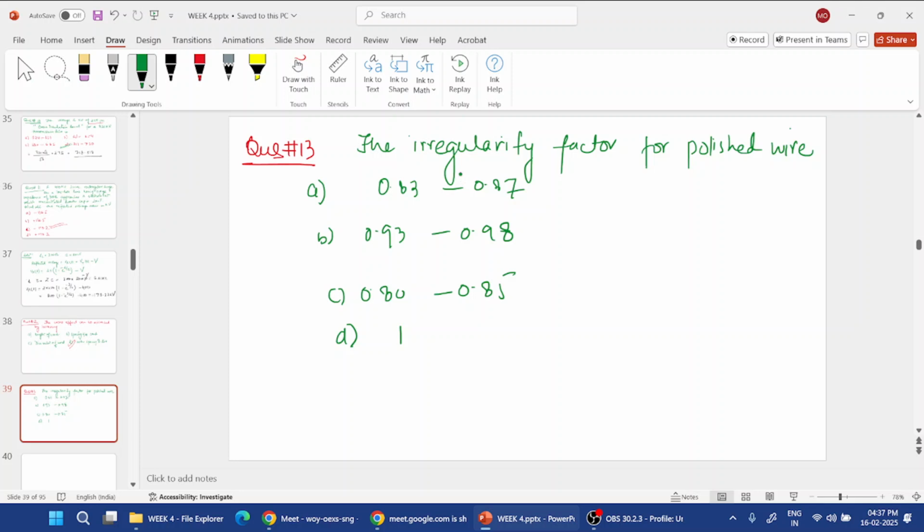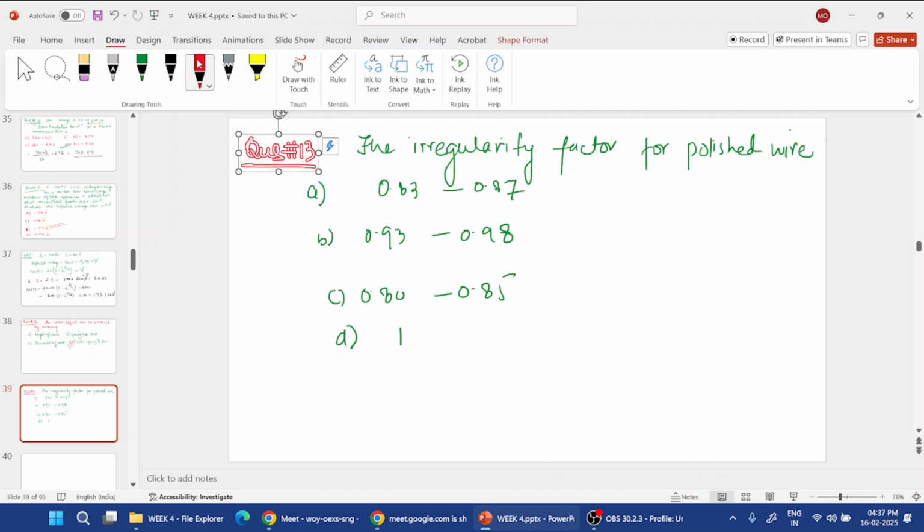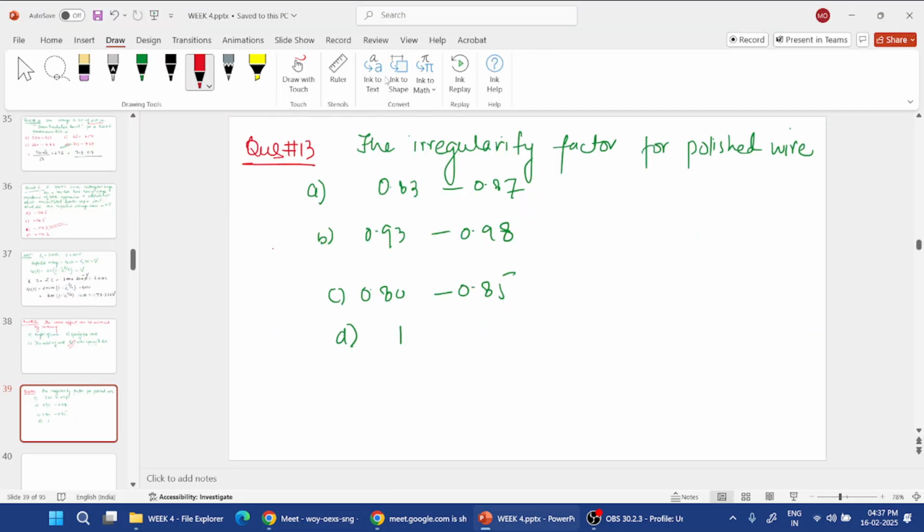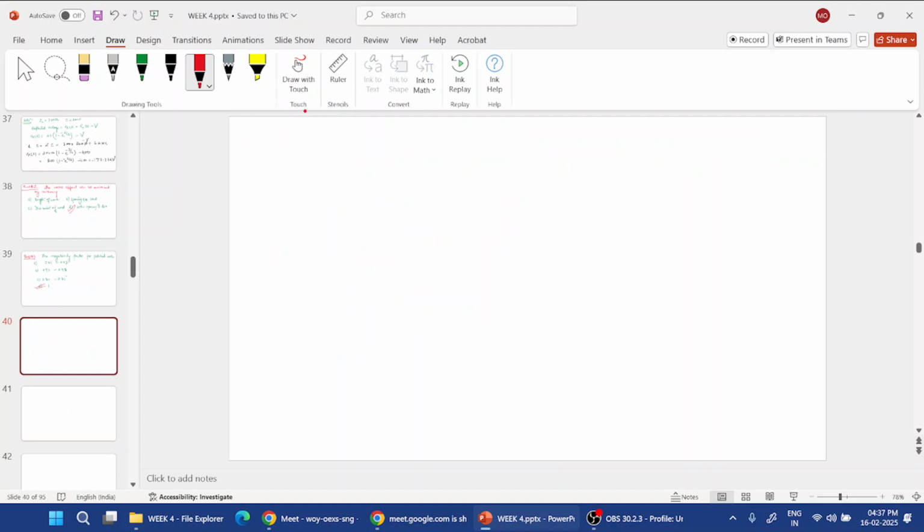So basically, for a polished wire, the irregularity factor is 1. I will explain how it is integrated. We have just derived the equation of the disruptive critical voltage, which is g naught delta log D by r.